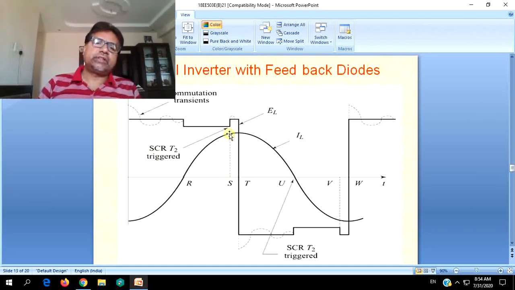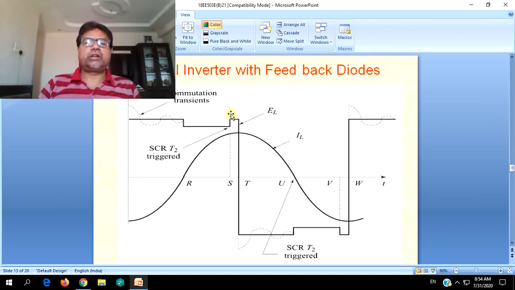Just when current is going to become maximum and the capacitor discharges, SCR T1 will be turned off totally, and once it is turned off totally, the total voltage becomes reverse and everything goes through T2 only.